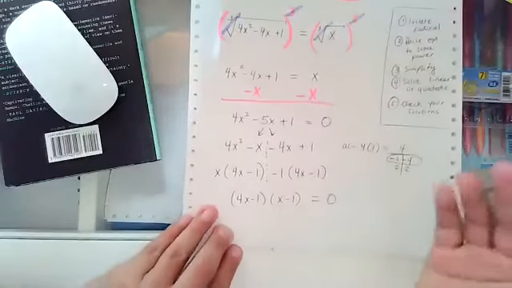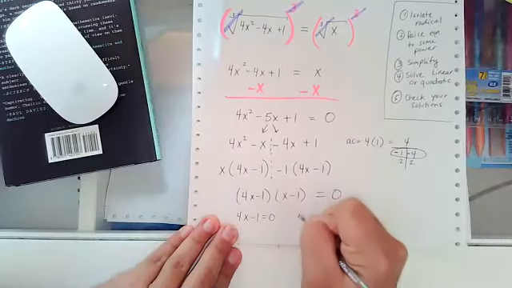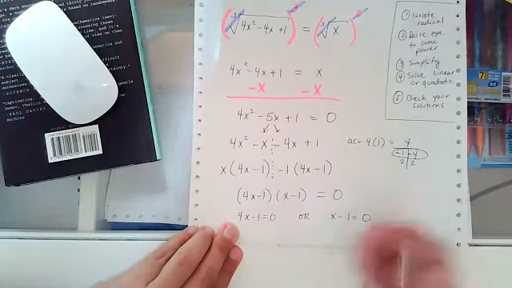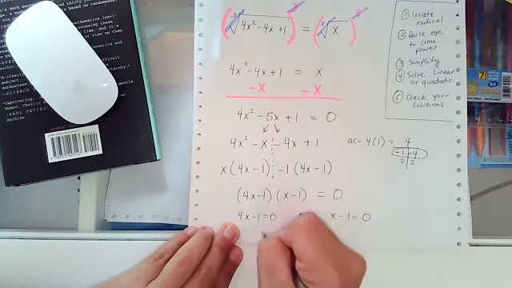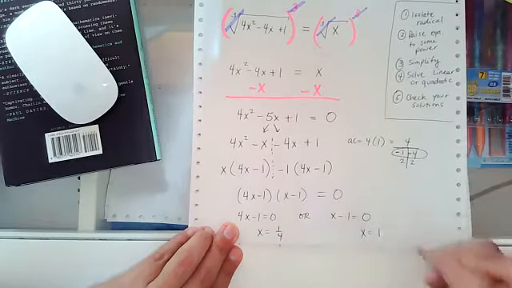We can then use the zero factor property to say that 4x minus 1 is equal to 0, or x minus 1 is equal to 0. But in any case, we get two solutions. This will be 1/4 when you solve that one, and then this one would be x is equal to 1.